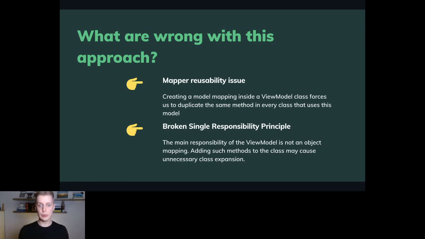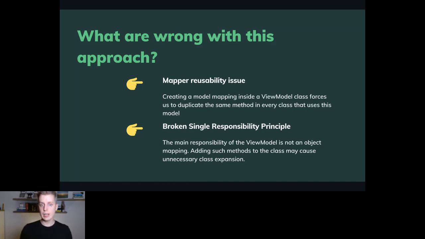The main two responsibilities of a view model are, first of all, to expose the data to the UI, and the second one is to handle events that come from the UI. And that's it. There is nothing more, right? So if we have a mapping method inside a view model, we break the single responsibility principle.